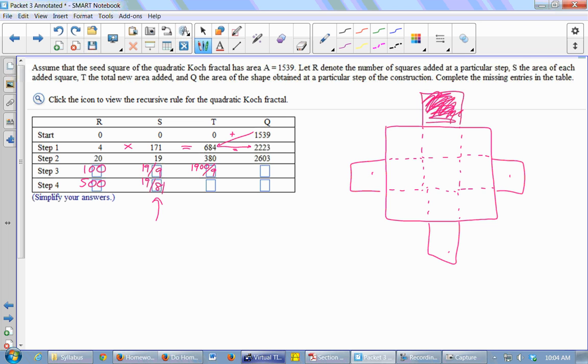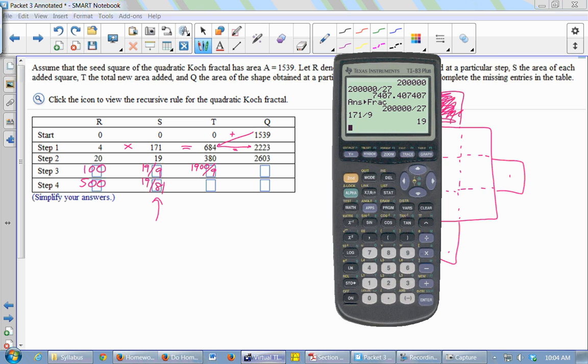Okay, so then I have to add that to my previous area. 2,603 plus 1,900 ninths. Get that as a fraction. And I get 25,327 ninths. Then I multiply 500 times 19 over 81.